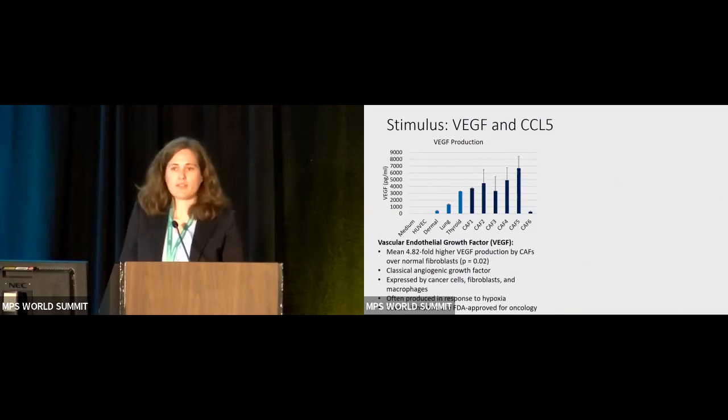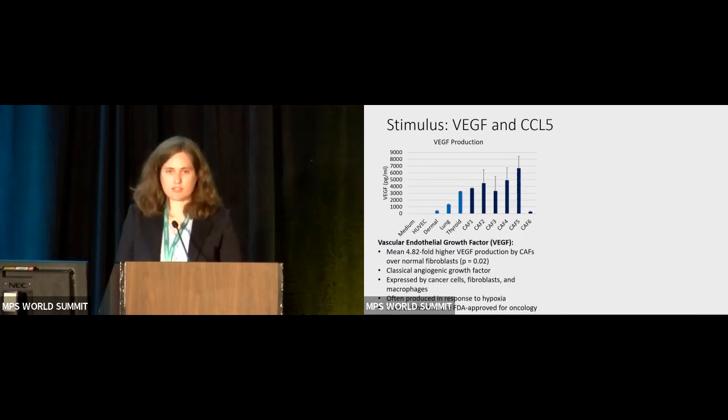And so again, we think that this is probably related to VEGF, and the cytokine array reiterated that fact that VEGF, the vascular endothelial growth factor, is about 5-fold increased on average in the cancer-associated fibroblasts over the normal fibroblasts, again, with some heterogeneity between the patients. And so again, we would expect VEGF to show up in this screen.